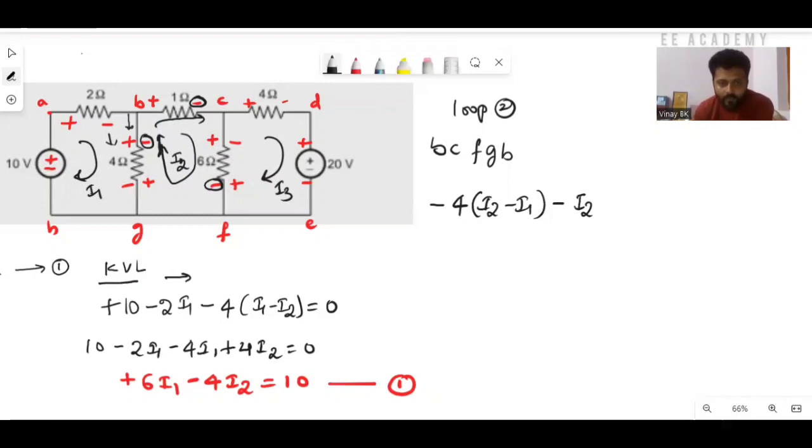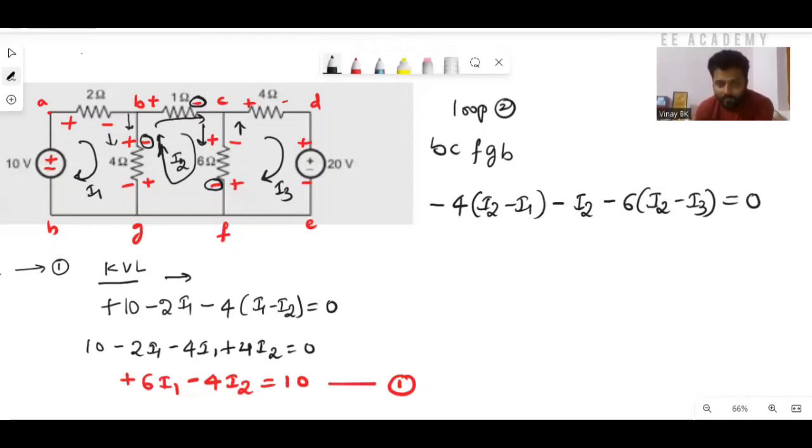Similarly, C to F, I2 is flowing downward here but I3 is flowing upward, so you can write minus 6 into I2 minus I3, that equals 0. Once after writing this, it is very easy.